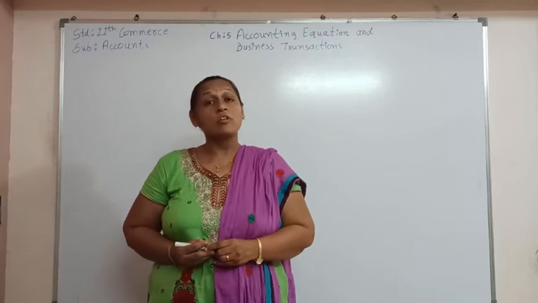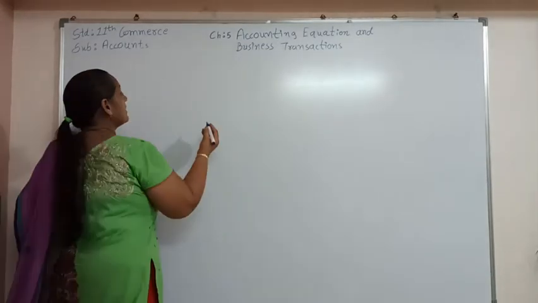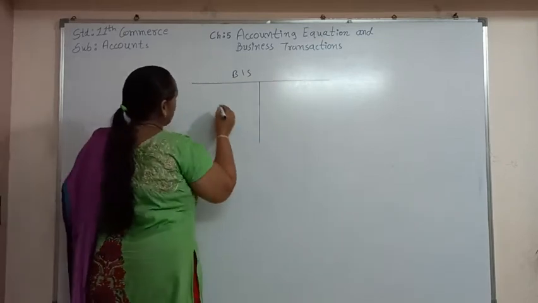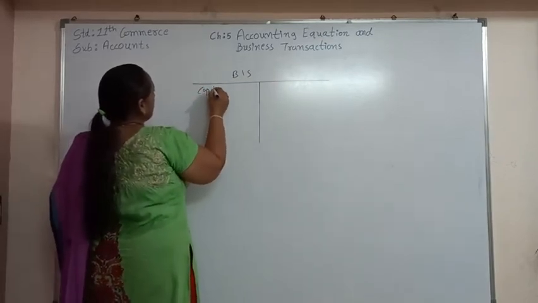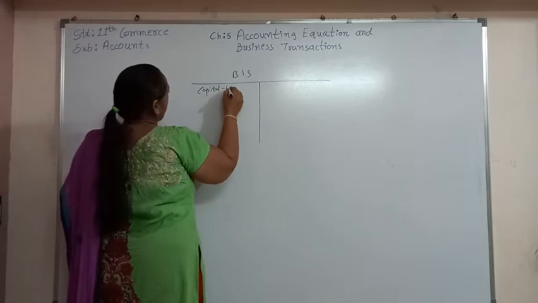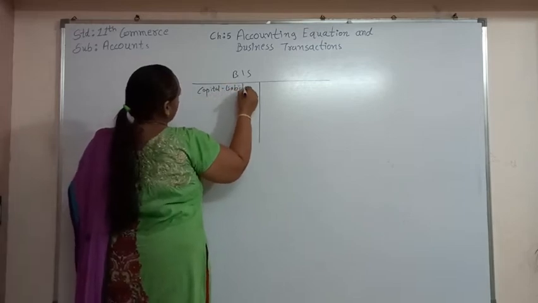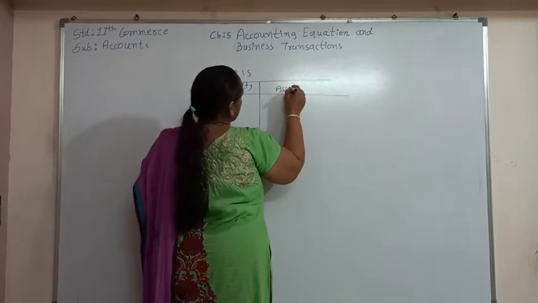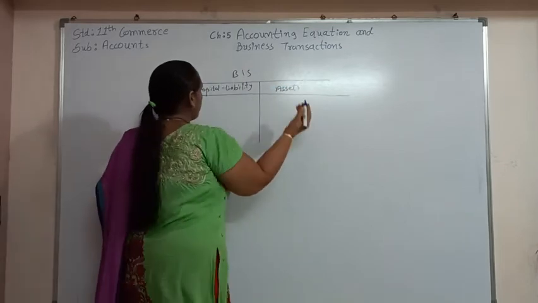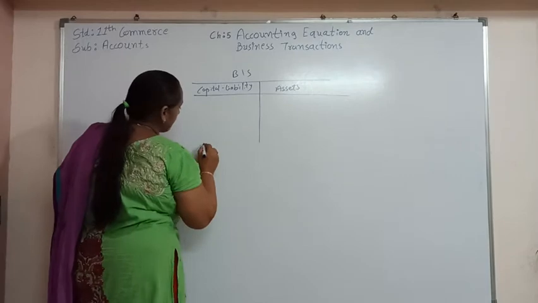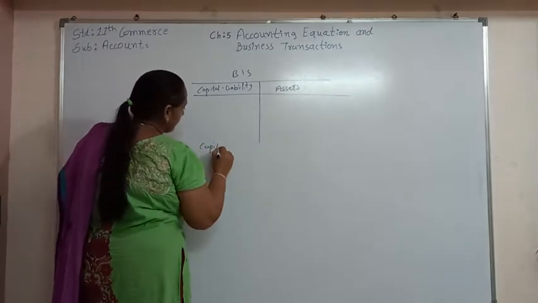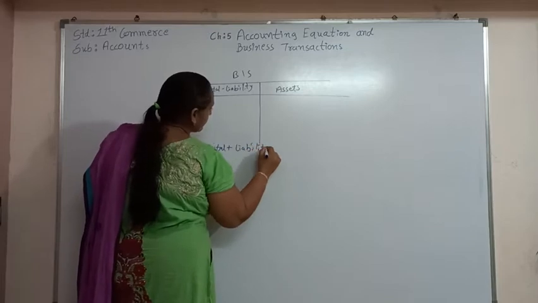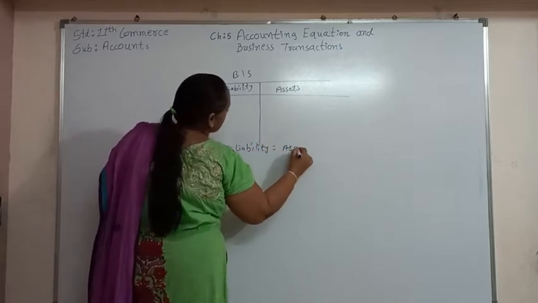And as we know, the balance sheet has two sides. One side is capital and liability, and the other side is assets. So from this we come to know that capital plus liability is equal to assets.